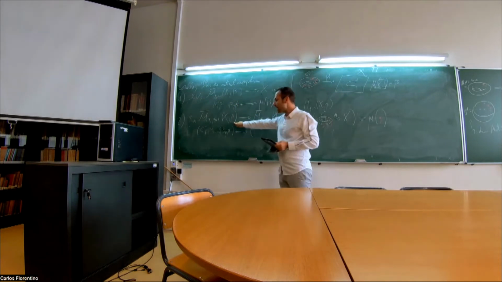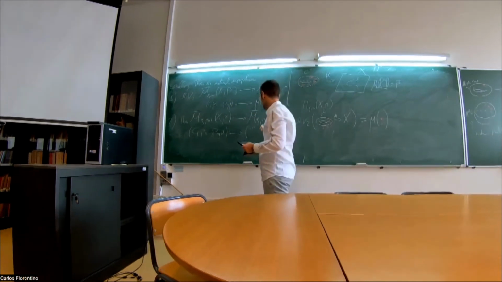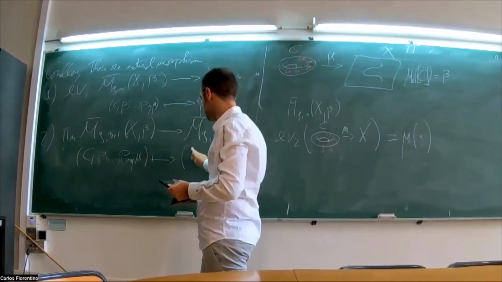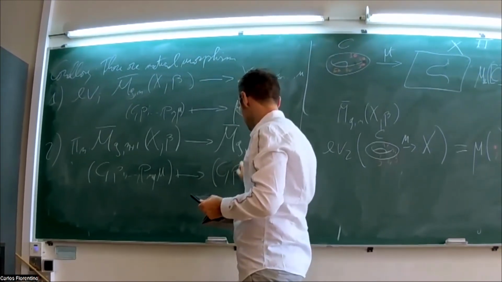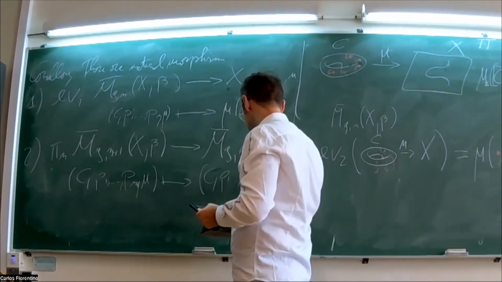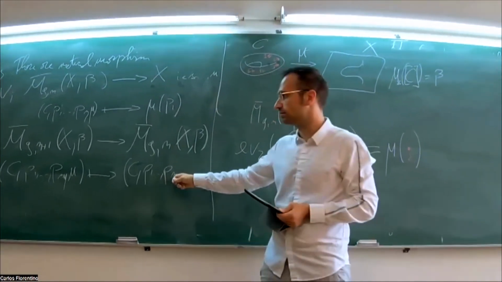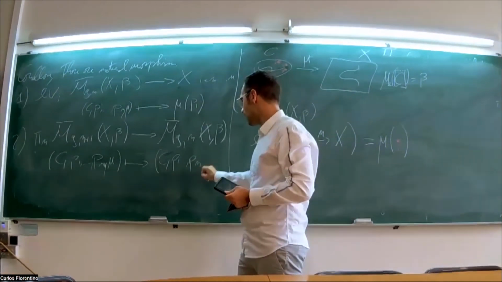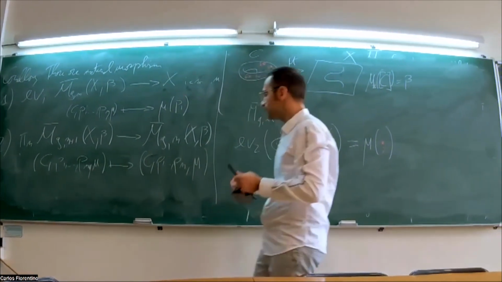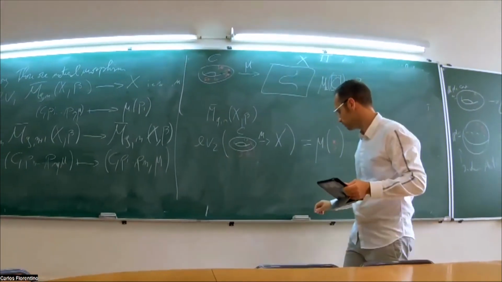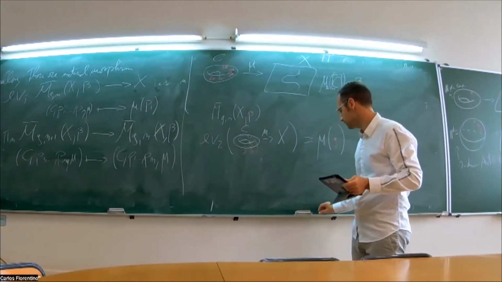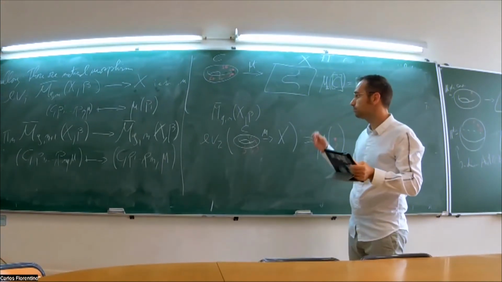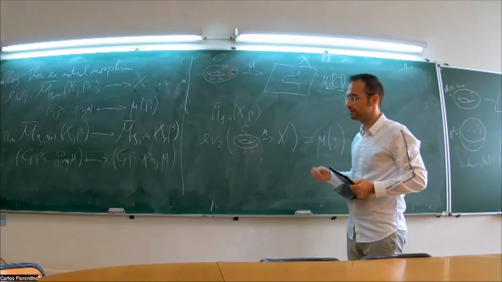I have here n plus 1 maps. Here I have just n maps: C, P1, Pn. So I forgot the n plus 1 map and leave everything equal. So what does this do?